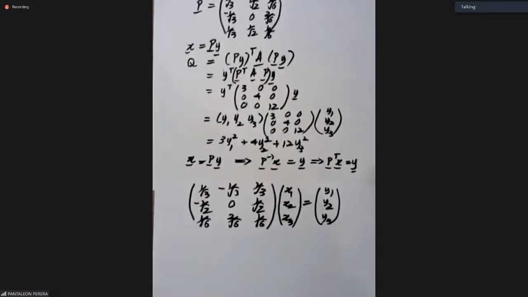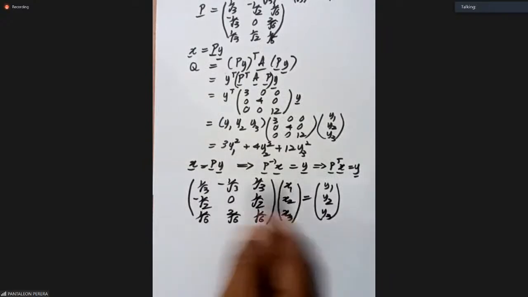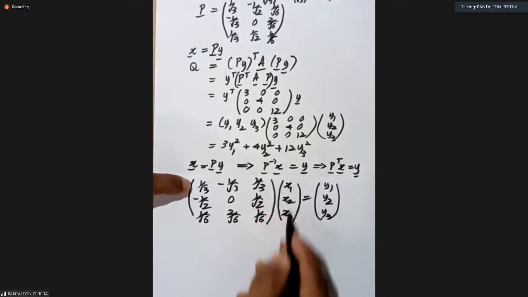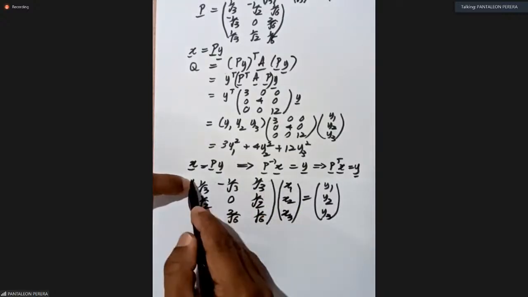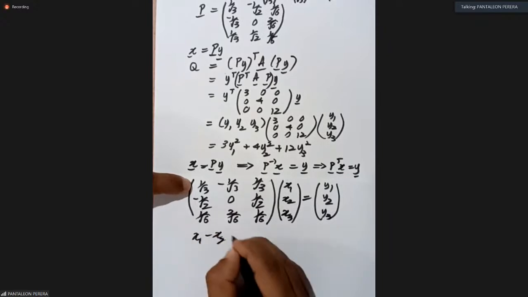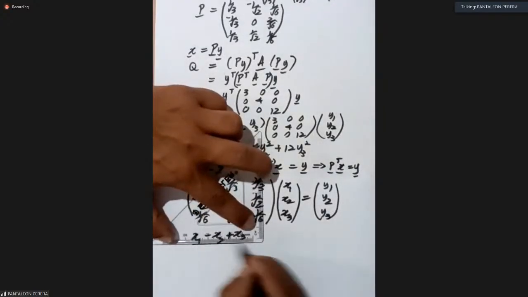Okay. Now, what is y1? You can multiply this, right? If you multiply this row with this column, you get y1. So y1 is x1 minus x2 plus x3 divided by square root 3.